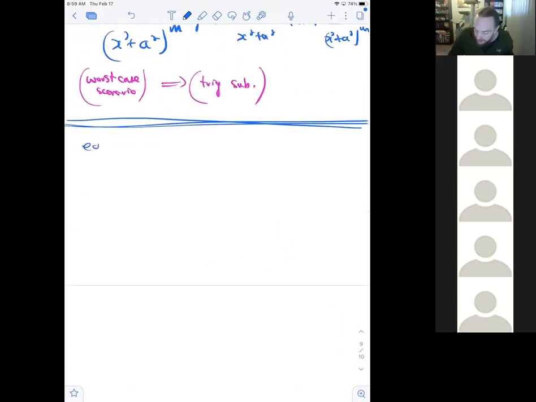So as a baby example of doing this, if I have x squared plus 1 over, say, x times x minus 1 squared plus x squared plus 1 times x squared plus 4 squared, or let's do a cubed. Let's do this one squared.